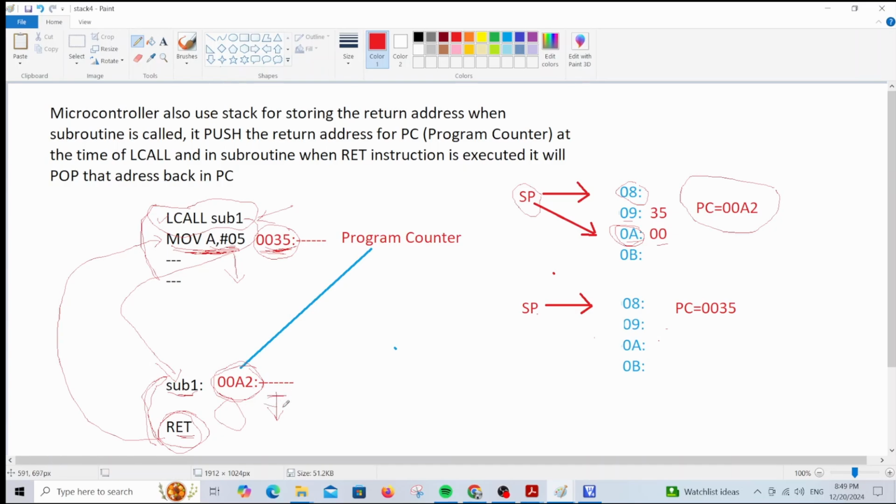Now these instructions will execute. Now when the return is to be executed, what will happen? It should return back to the main program from where it went to the subroutine. So this should be the next address in the program counter. Whatever bytes were pushed into stack memory will be popped back into the program counter.